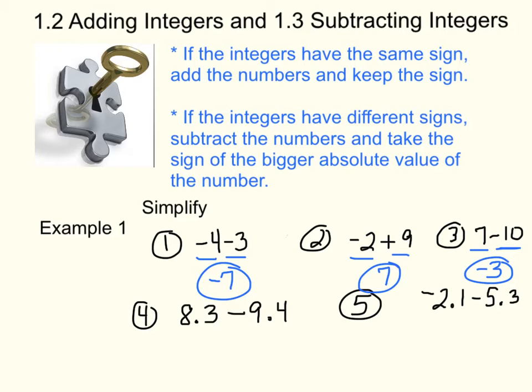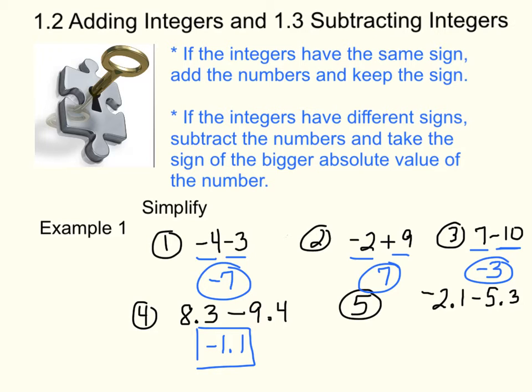8.3 minus 9.4. Since 8.3 is positive and 9.4 is negative, they're different signs. Therefore, I subtract them. 9.4 minus 8.3 would be 1 1/10. And do you have more negatives or more positives? Well, you have more negatives. The absolute value of negative 9.4 is bigger than the absolute value of 8.3.